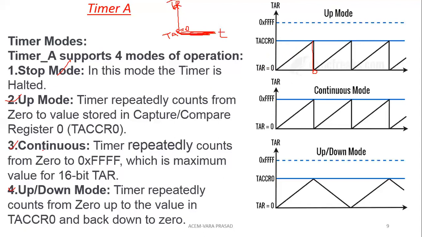Next, come to the continuous mode. In continuous mode, TR counts the pulses from 0, 1, 2, 3, 4 up to a maximum value.